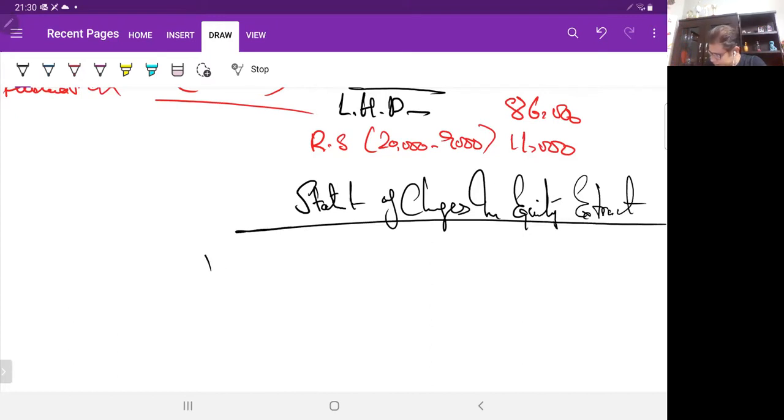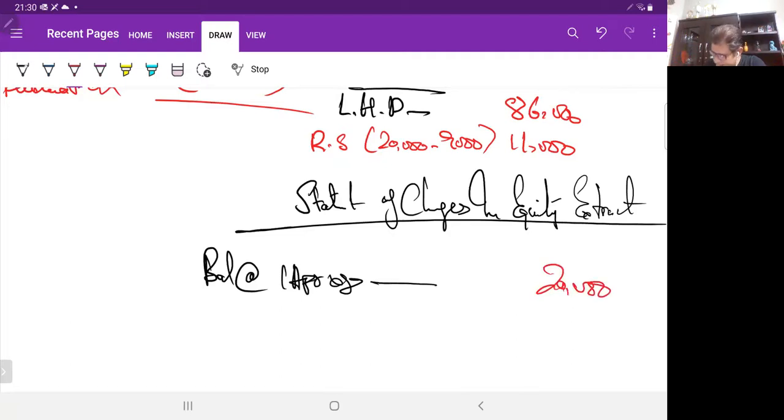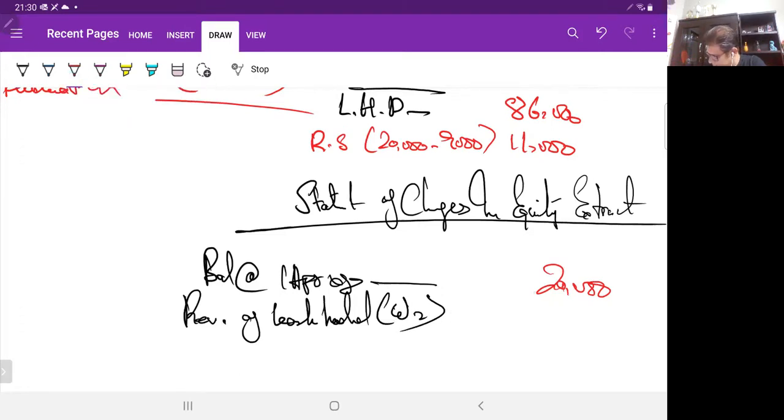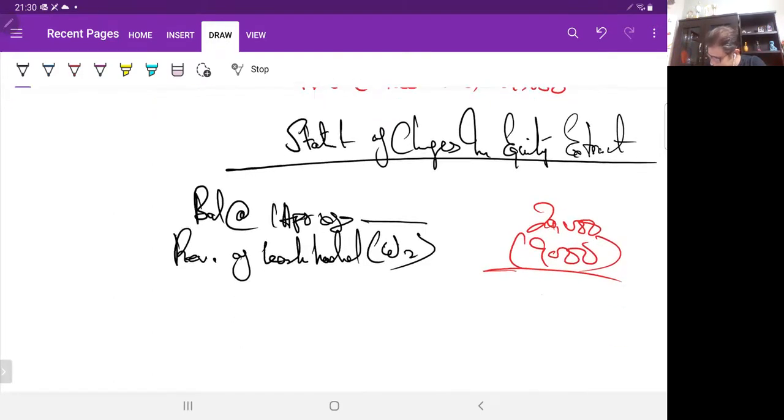Balance at 1st April X8, 20,000. Revaluation of leasehold. We already did the working for it. What was that? 9,000. Simply. Now the balance at 31st March X9.